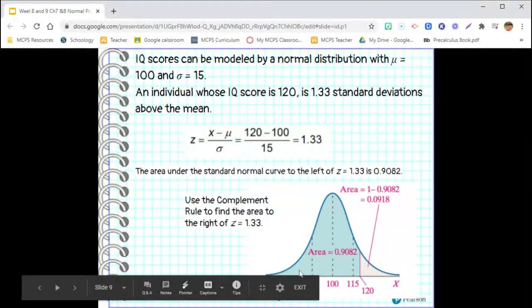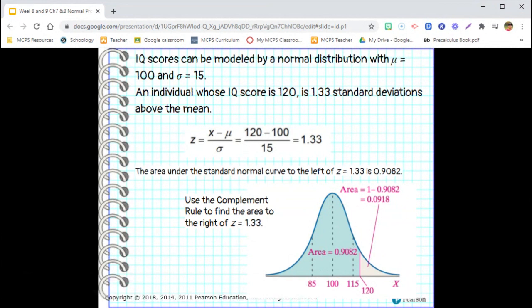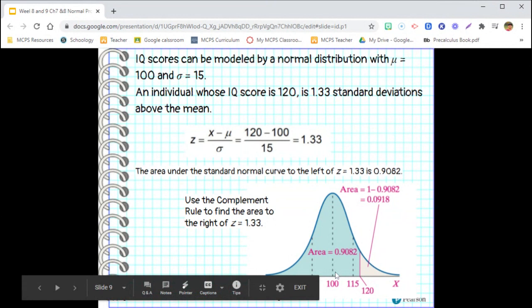So right here is 0.90, this shaded region right here. Now, to find the area, which is what we're looking for, this is 90.82, this big area right here, the shaded one.